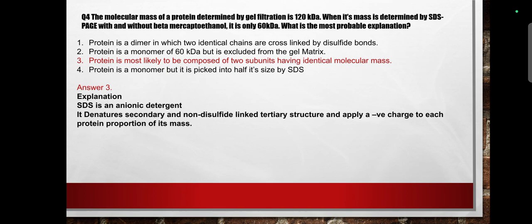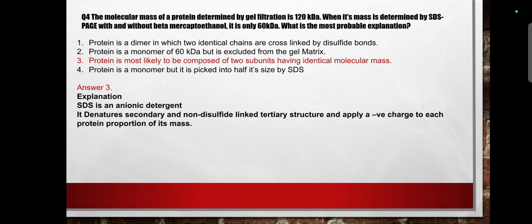It means that the protein is a dimer of two identical subunits, 60 plus 60, so the total will come to 120 kilodalton. So this statement is true. Fourth statement is the protein is a monomer but it is split into half its size by SDS. No, this is not true.